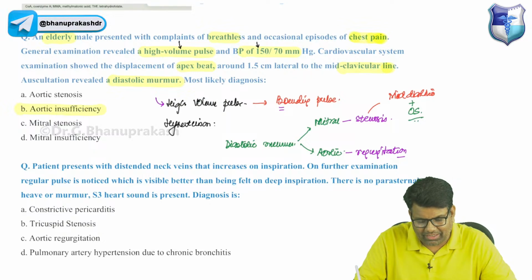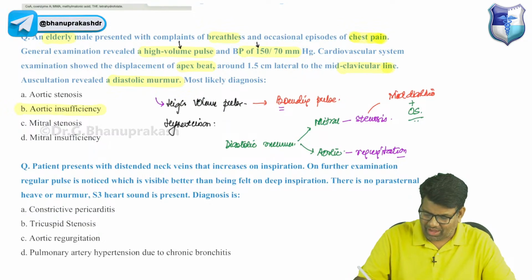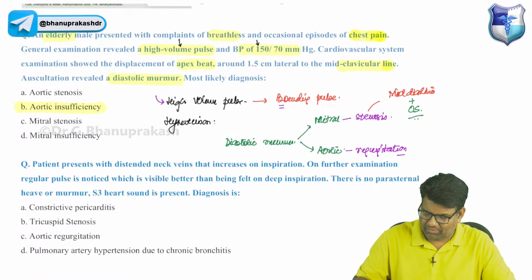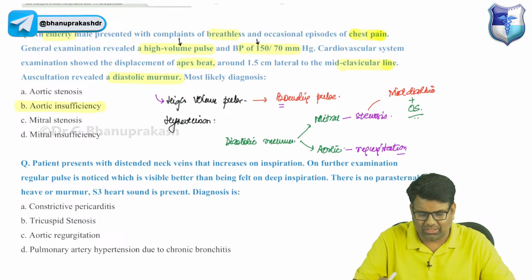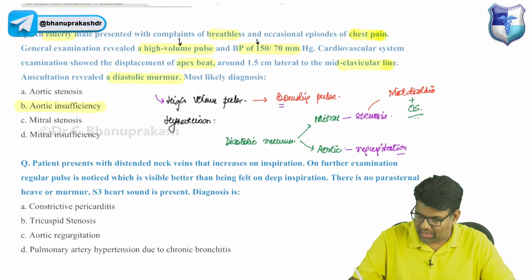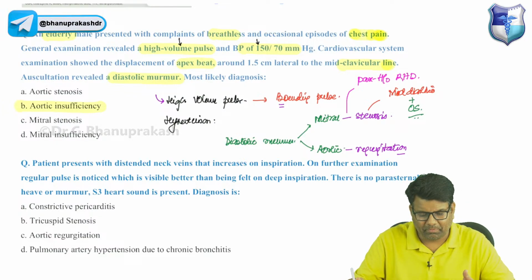Of course, in mitral stenosis there will be no bounding pulse, and there will be a past history of rheumatic heart disease or rheumatic fever.